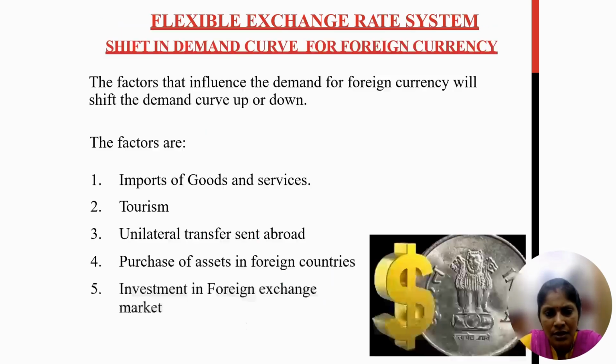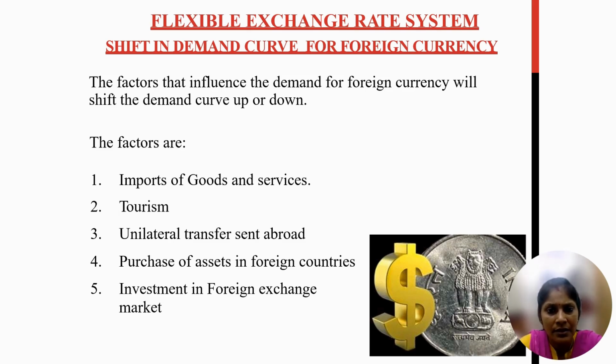So after understanding this particular demand curve for foreign currency, let us go deeper into it by understanding what are the factors that really shift the demand curve and influence the demand for foreign currencies.